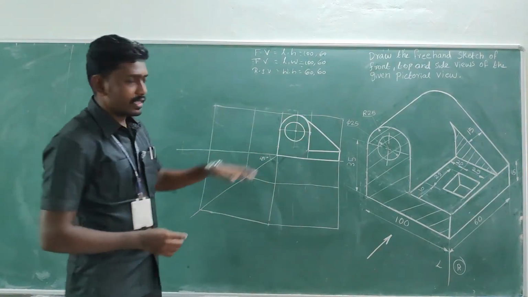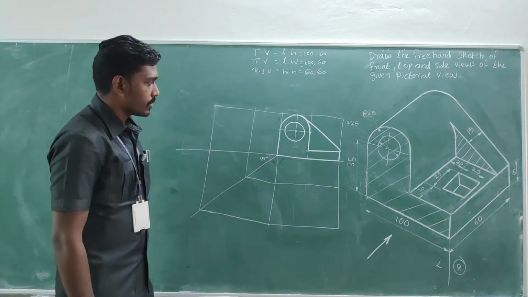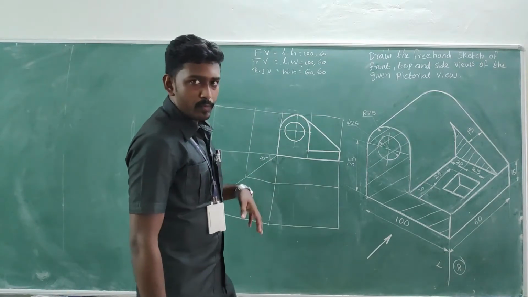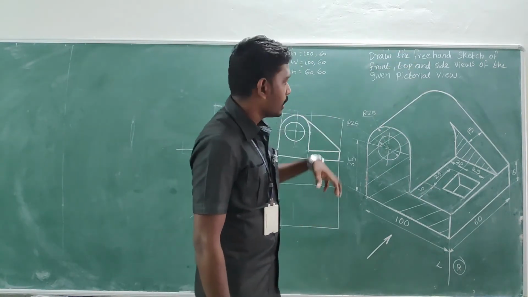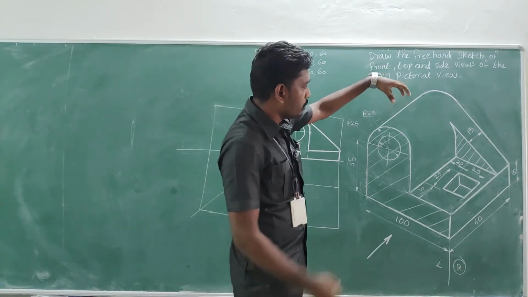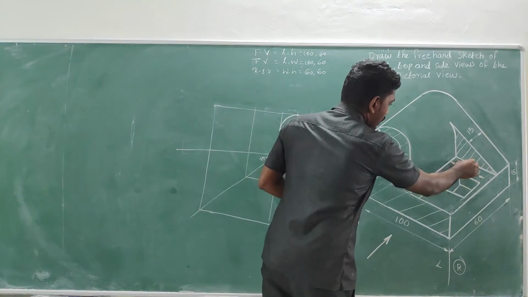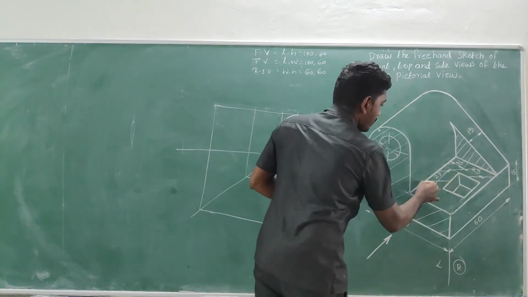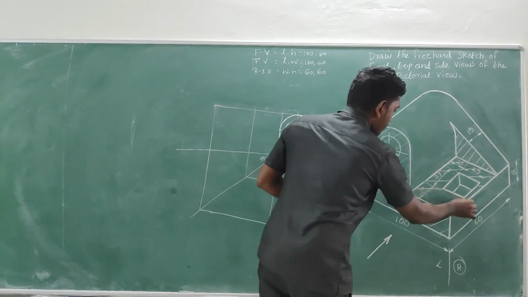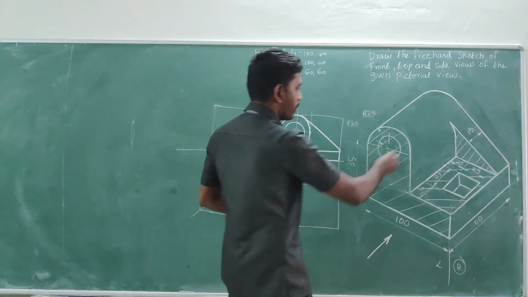So now we have completed the front view, and now we can move to the top view, right? In the top view, just look at the object from the top. Look at the object 90 degrees to it. I can say this base top face will be visible as well.